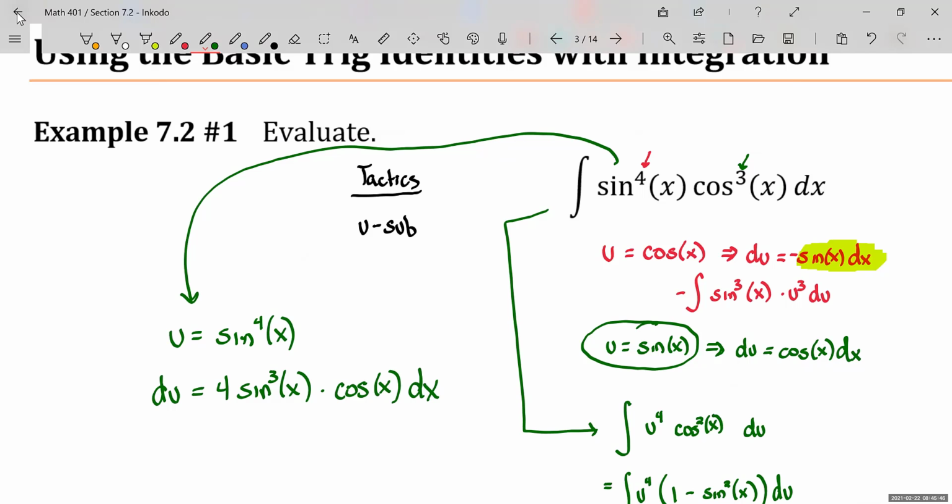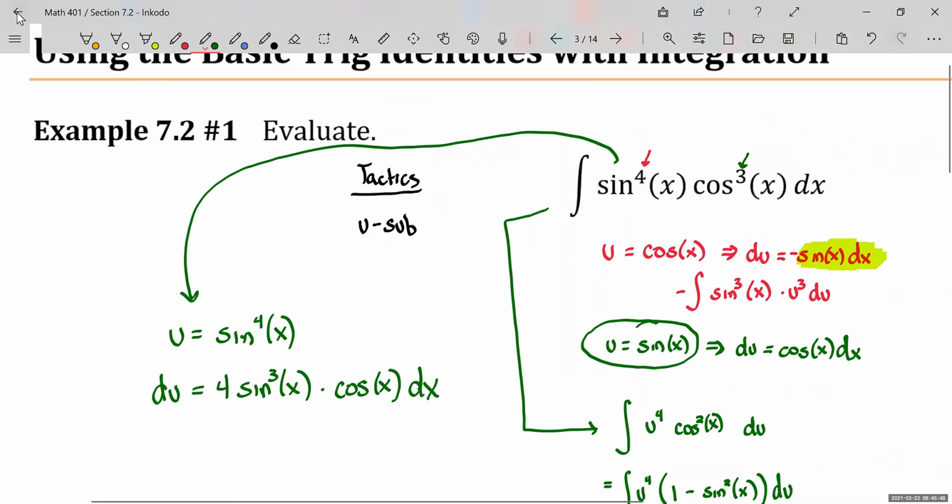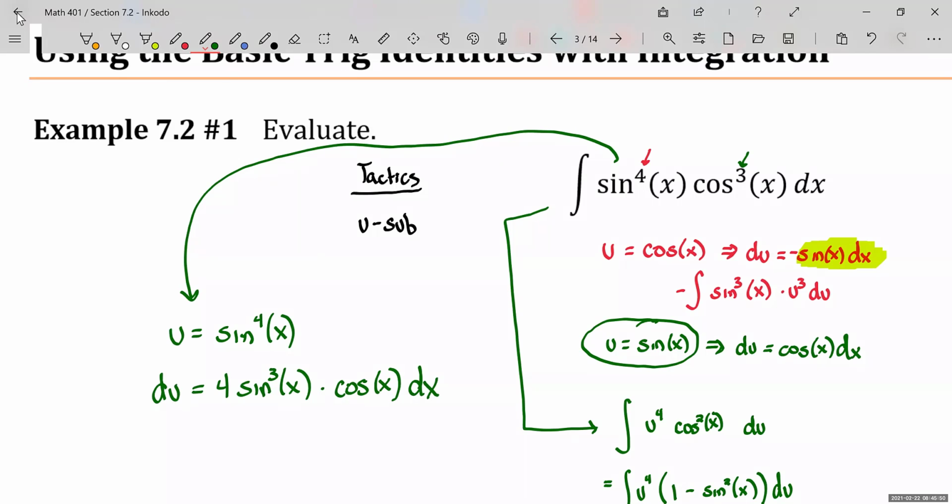So not only that, but actually that doesn't help you, because my dx is going to steal away a cosine, fine, steals away a power of cosine, and then 3 powers of sine. And I do have 3 powers of sine to steal away, and then I don't have a 4. I can move the 4 over, that's fine. But then I'll be left with a sine of x times a cosine squared of x times a du.